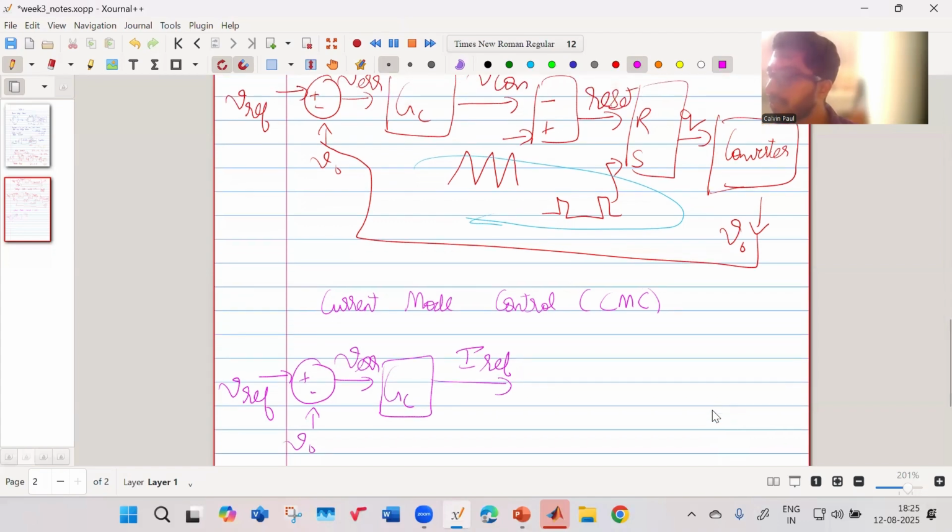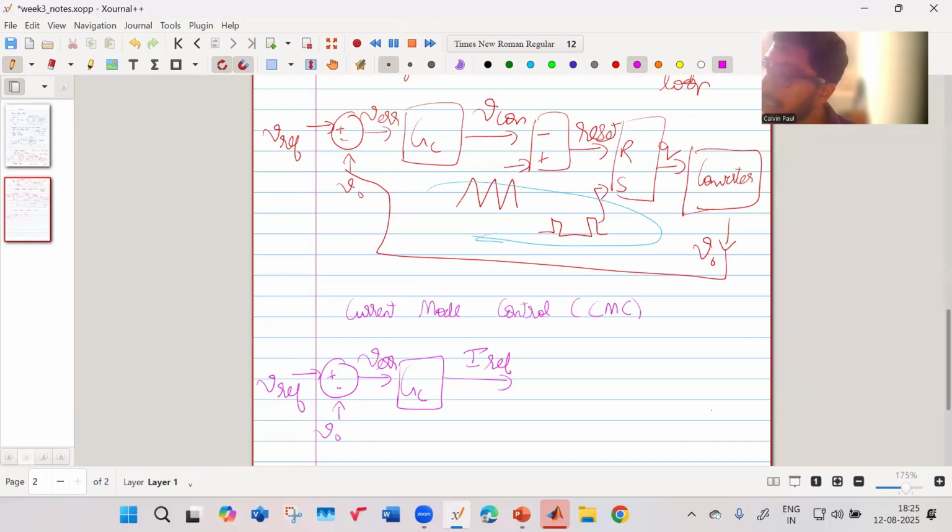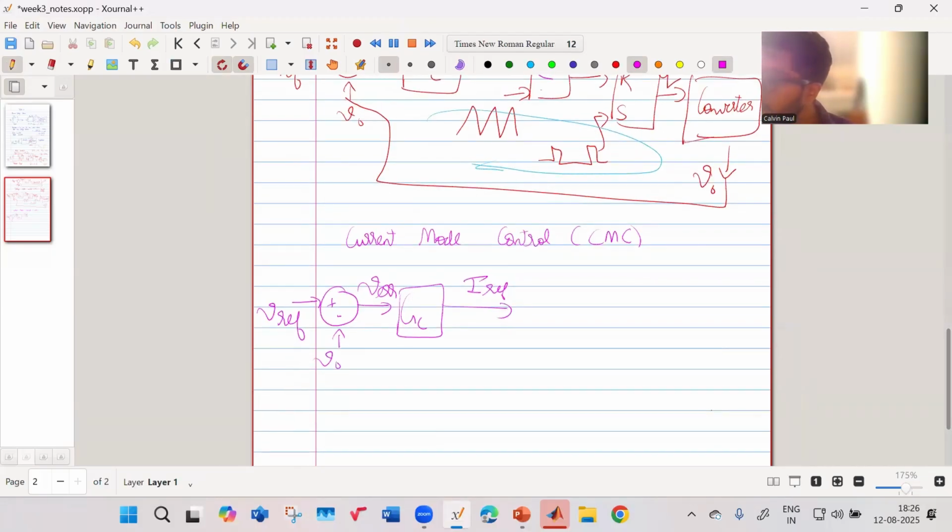Okay, this is not minus plus, this is your comparator, sorry. When your vcon is less than the ramp. So now you have your IREF.